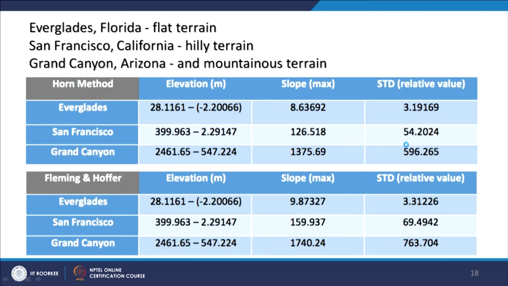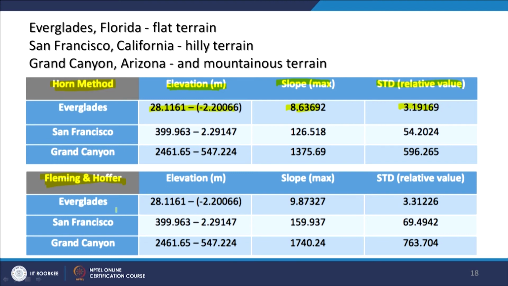Now, 3 examples are shown for different types of terrains of the USA, with 2 different methods, that is the Horn method and the Fleming and Hoffer method. For what we see, when the elevation range is like this, slope maximum is this, and relative value is this.